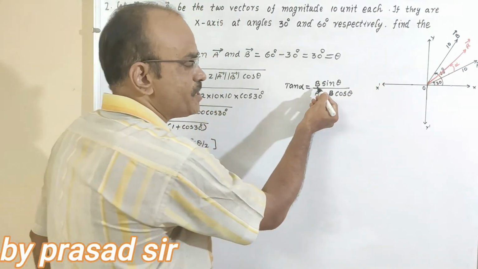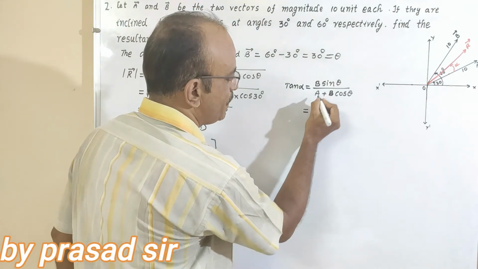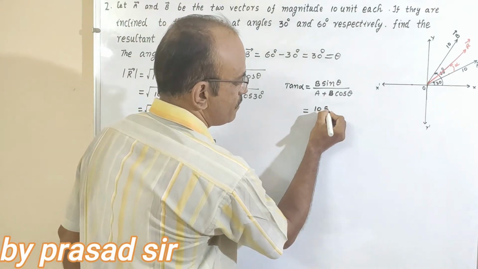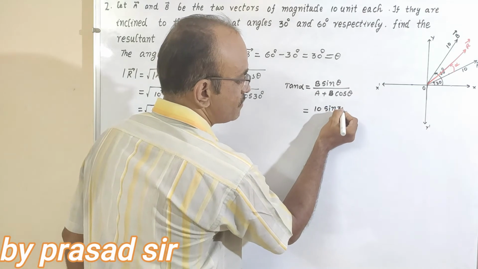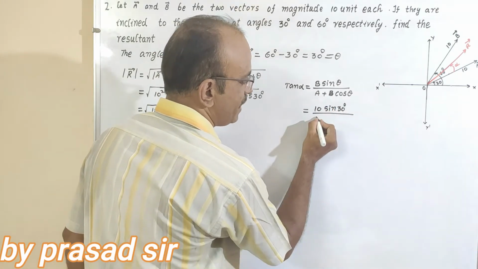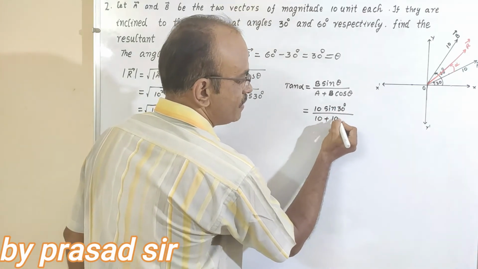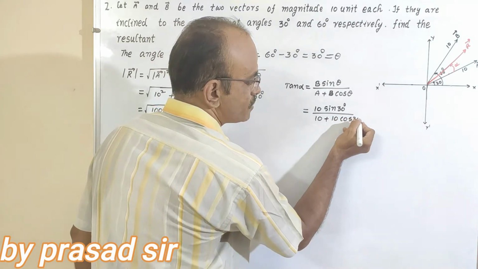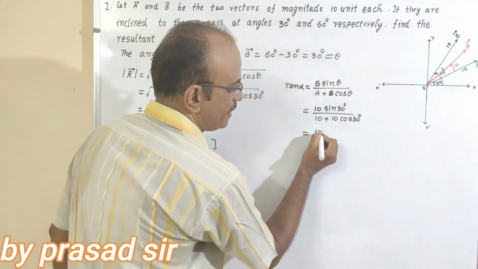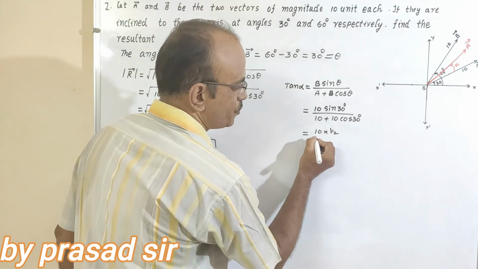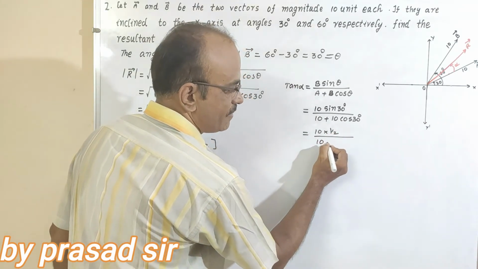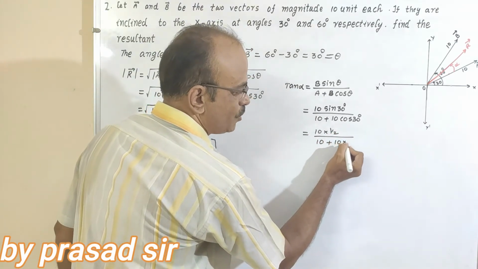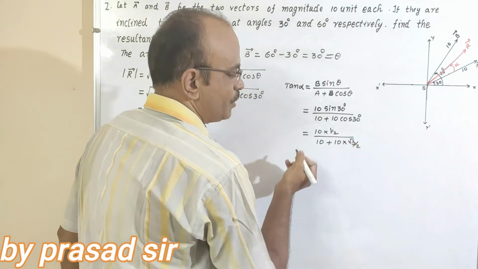Now we substitute the value of B. Here B is 10. tan alpha equals 10 sin 30 degrees divided by 10 plus 10 into cos 30 degrees. So here, 10 into 1 by 2 divided by 10 plus 10 into root 3 by 2.